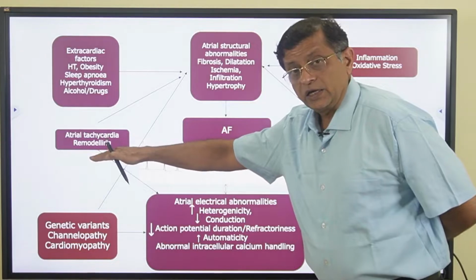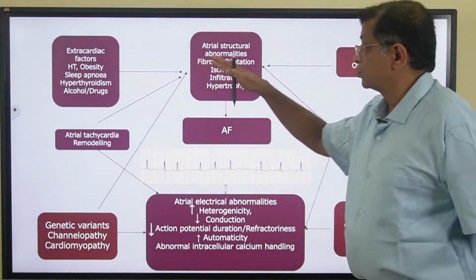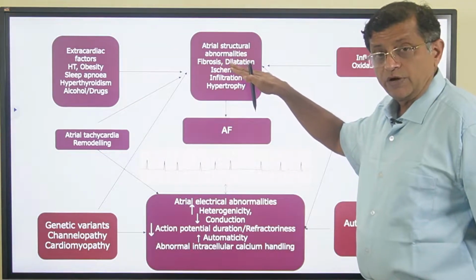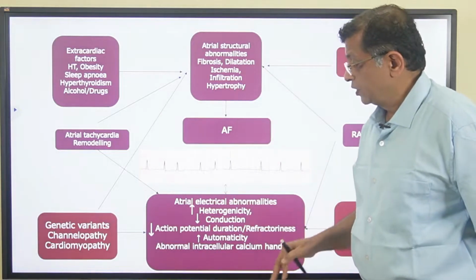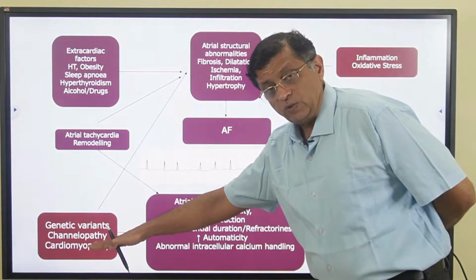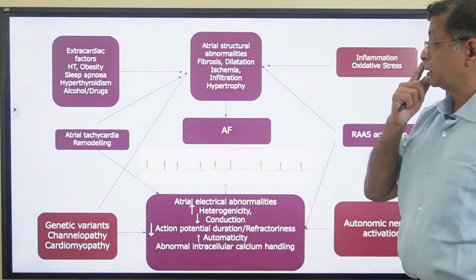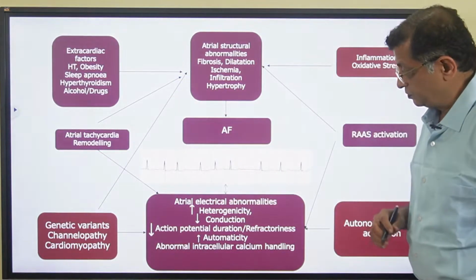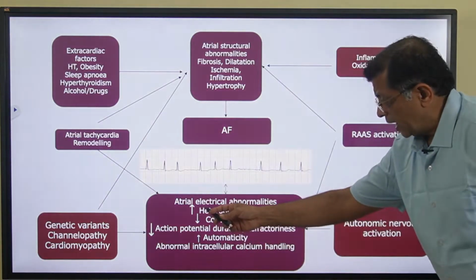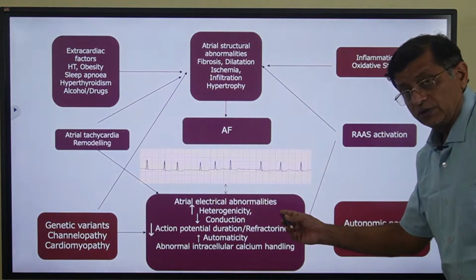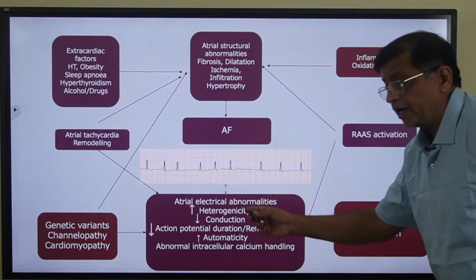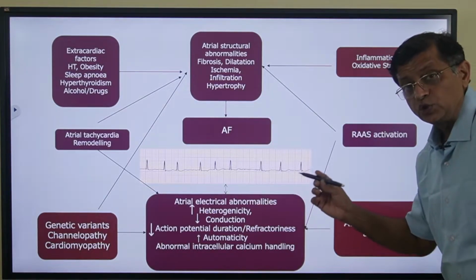Atrial tachycardia can cause remodeling, causing structural abnormalities including fibrosis, which can cause AF. Some genetic variants like channelopathies and cardiomyopathy will again cause structural atrial problems causing AF. Atrial electrical abnormalities will cause an increase in heterogeneity, that is called anisotropy.